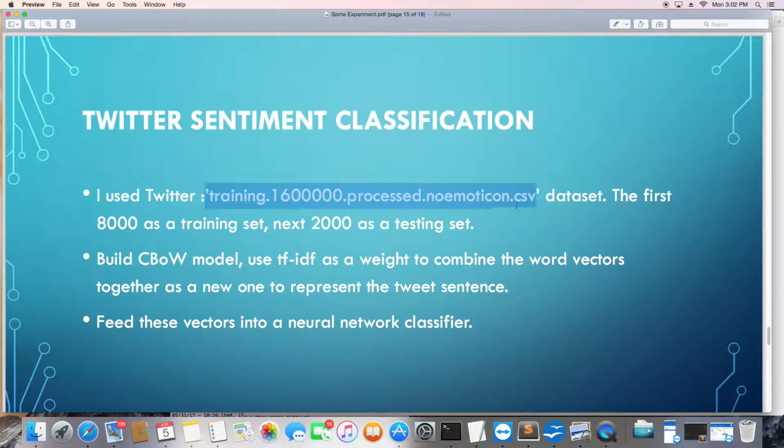I use the first 8,000 data as a training set, the next 2,000 data as a testing set, and then I build the CBOW model and use TF-IDF as a weight to combine the word vectors together as a new one to represent a Twitter sentence, and then feed these vectors into a neural network classifier.